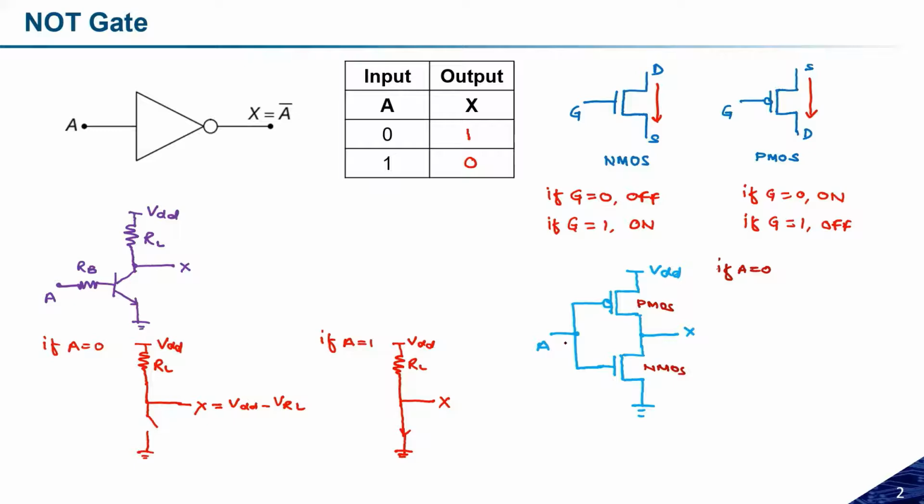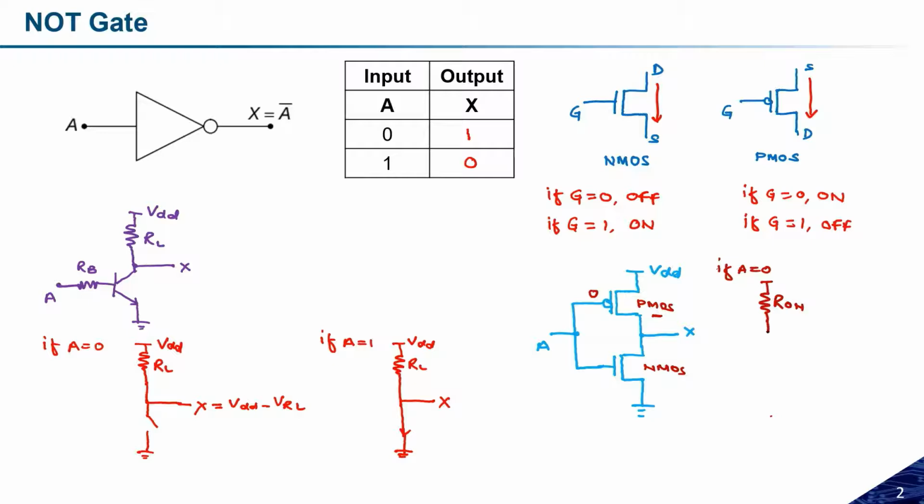If A is equal to 0, the gate terminal of the PMOS transistor is at logic 0, and we know that the PMOS transistor is then in the on state. If it is in the on state, the resistance will be very small, so there will be some on resistance R on due to the PMOS transistor.